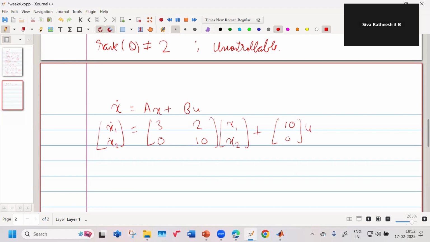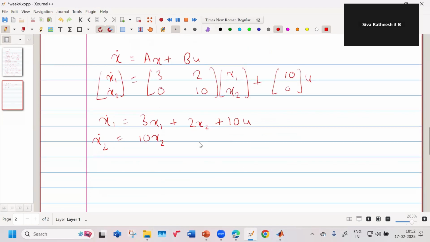So we can write it down as x1 dot is equal to 3x1 plus 2x2 plus 10u. What is x2 dot? X2 dot is 0 into x1 plus 10 into x2, so 10x2 plus 0u.